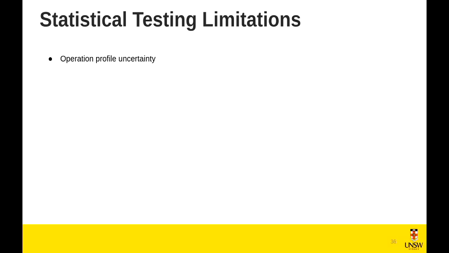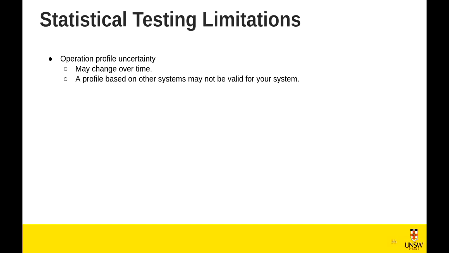So first, it suffers from the uncertainty of operational profiles. Just now we mentioned that we should keep updating the operational profile, because in some cases, a rarely used feature could become a frequently used feature if the environment or the user group changes. So the operational profile may change over time.